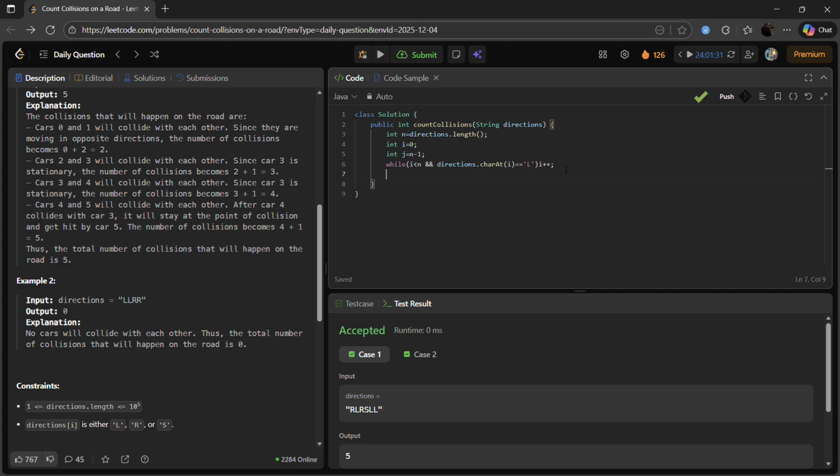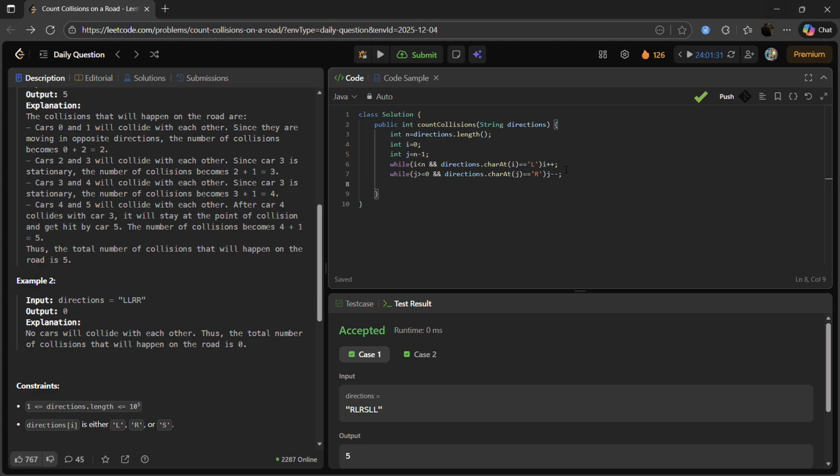And the same will be done for the rightmost ones, which is while j is greater than or equal to 0 and directions.charAt(j) equals 'R', then we say j minus minus. So what we have done is we shortened the given string. We remove the leftmost L characters and the rightmost R characters.